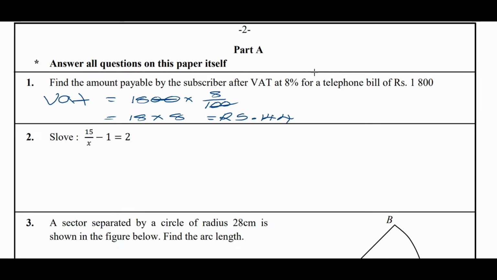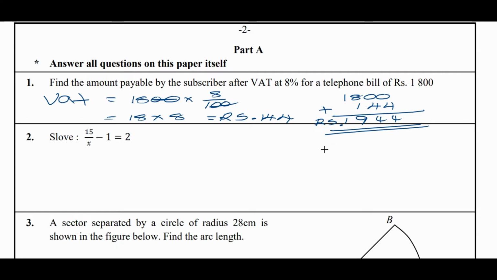But we are asked for the amount payable. That means he has to pay 1800 for the telephone bill and another 144 for VAT. Adding all together, you will get 1944 rupees. This is the answer for the first one.